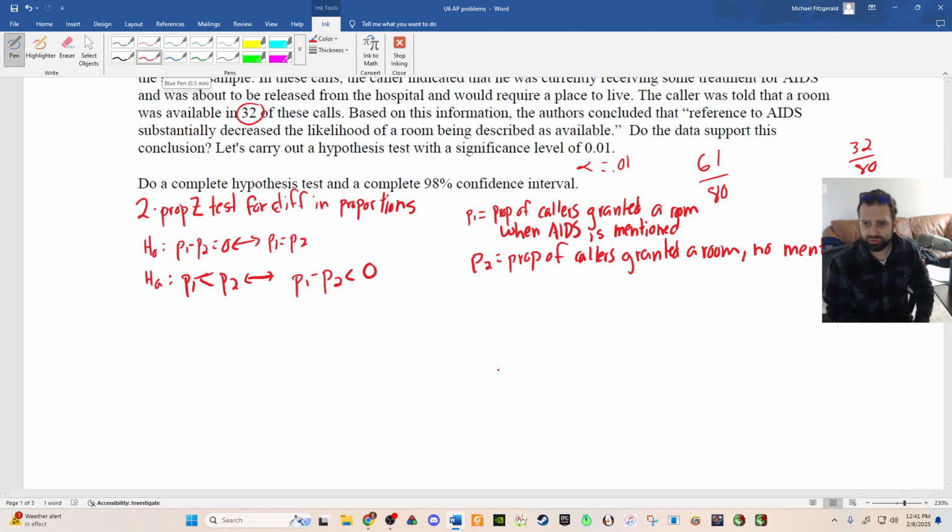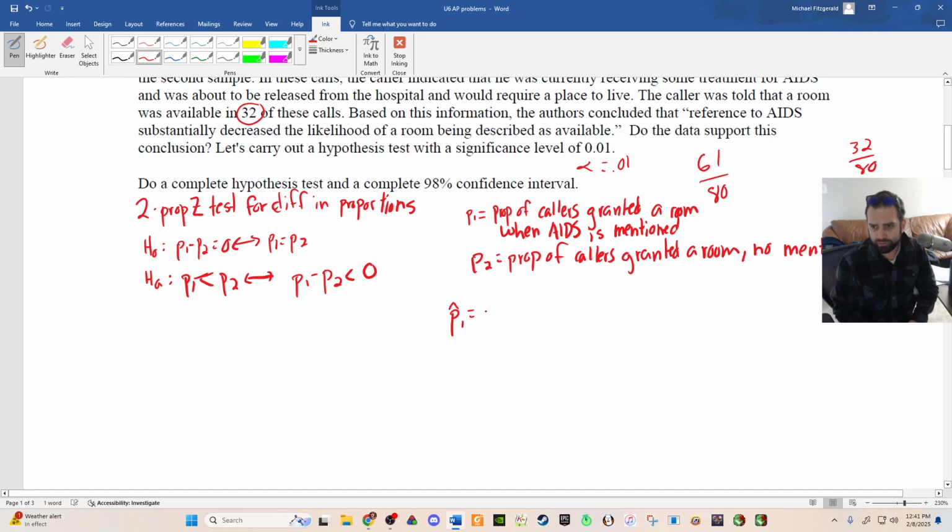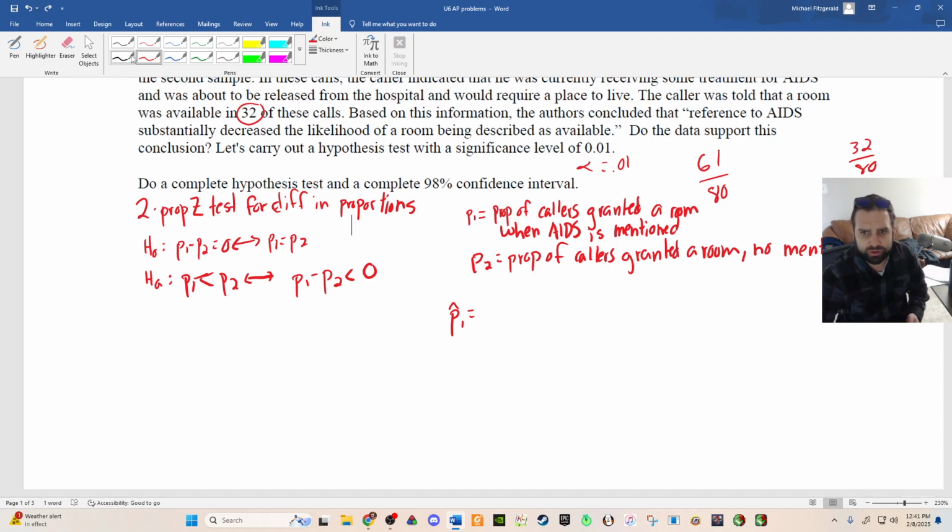Before we check our conditions, let's write down some of the values that we have. So I have p hat 1 is equal to 61 over 80, that's what we found. Oh, no, it's not, sorry. For the AIDS one, it's 32 over 80.